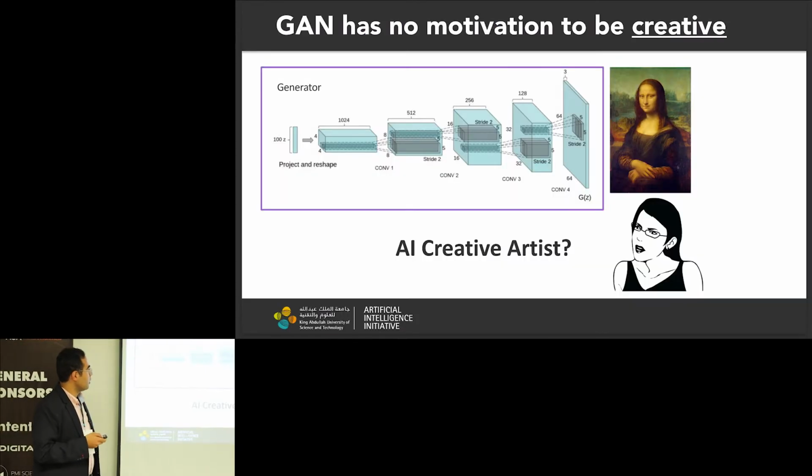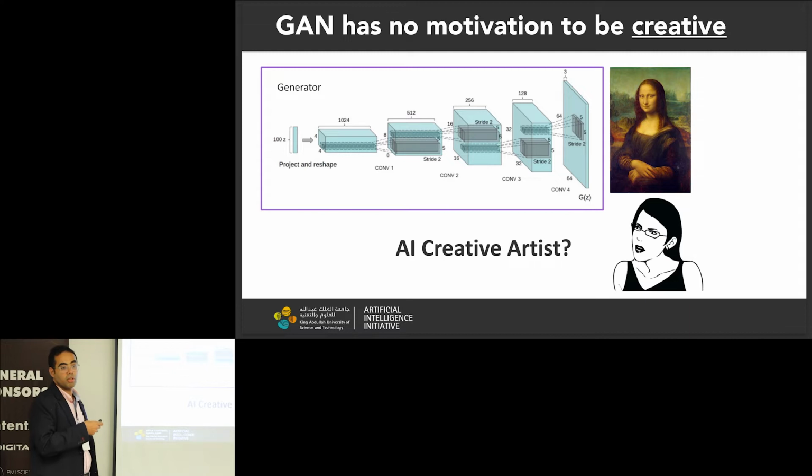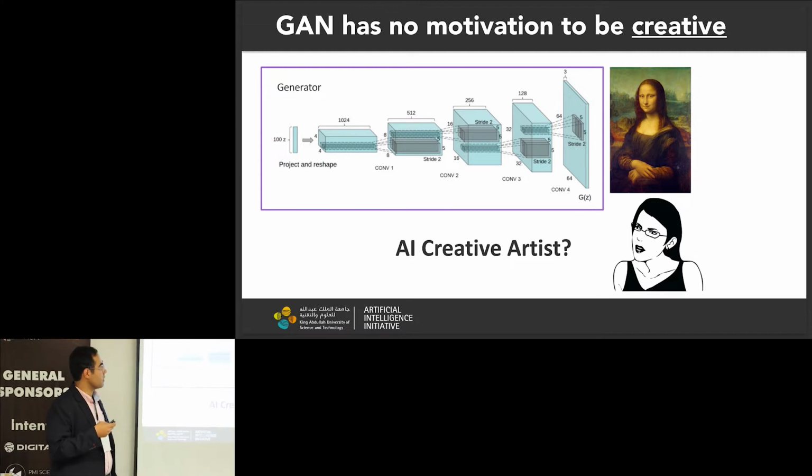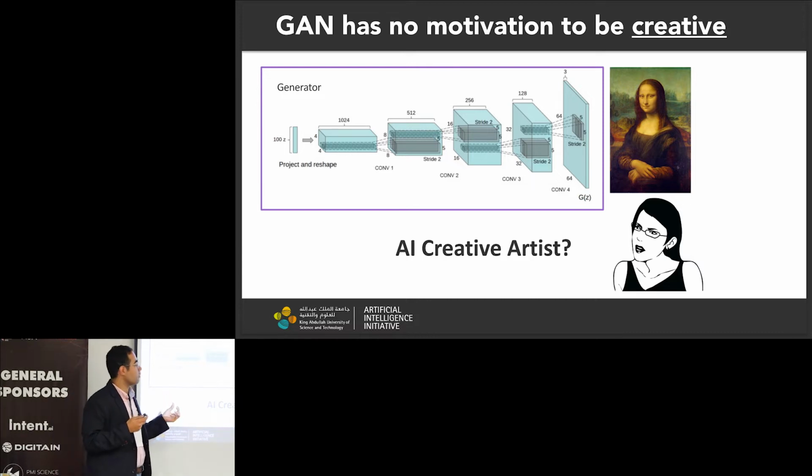But if we do that, we might end up generating the Mona Lisa again, which is a painting from the distribution that the model has learned. And this probably is not what we wish to have as a skill. It could be in other tasks, but if this is the goal, this is probably not what we desire, right?